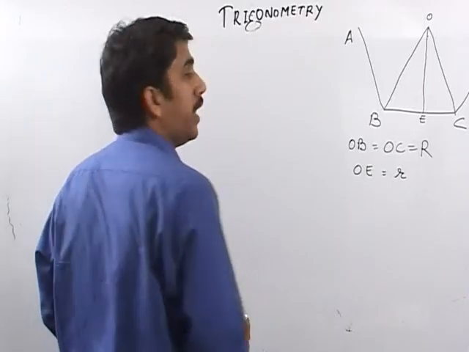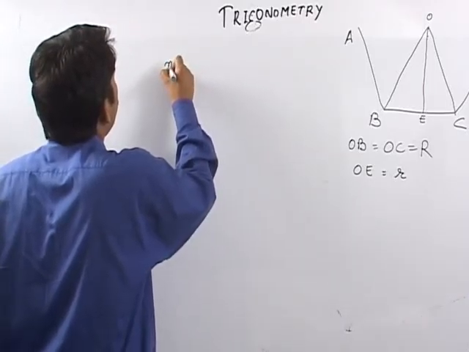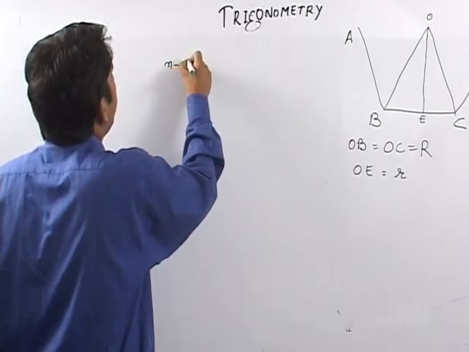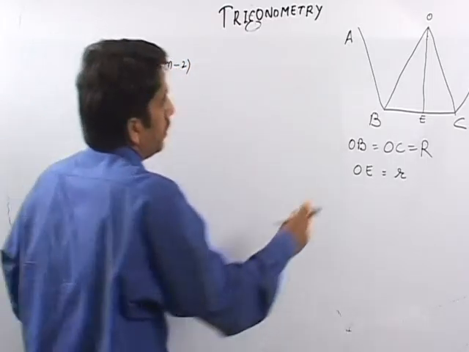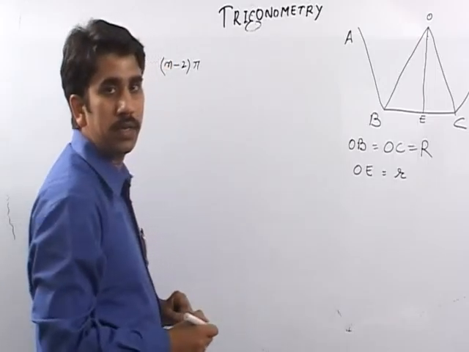Now, we know that the sum of all the angles made by these sides at the center is given by n minus 2 into pi.